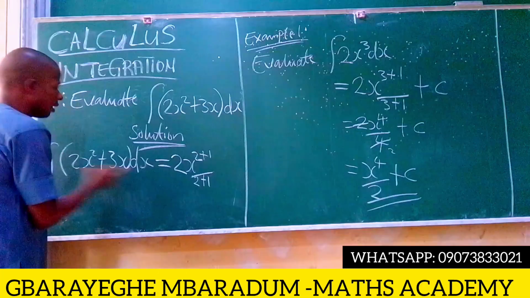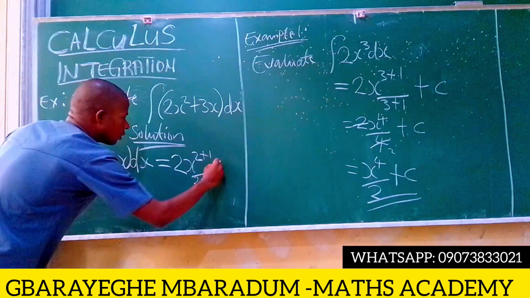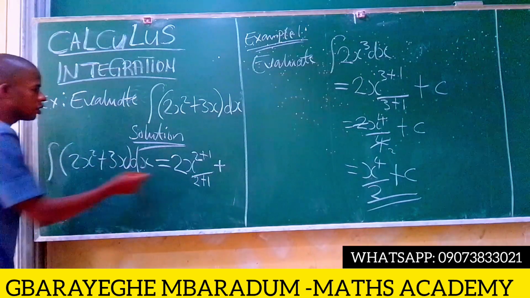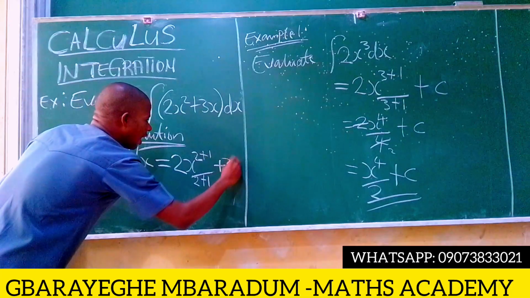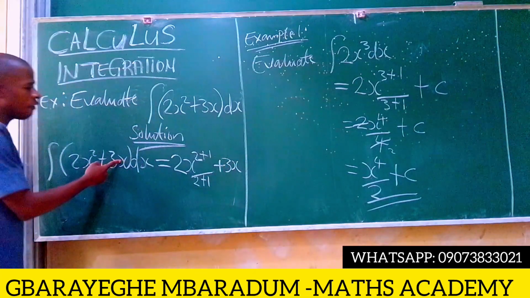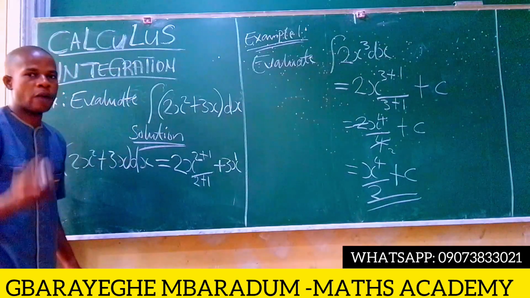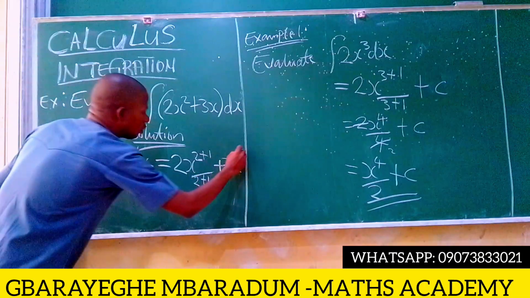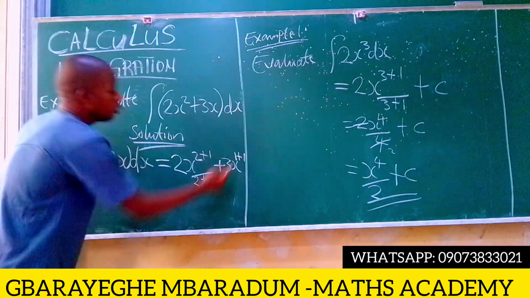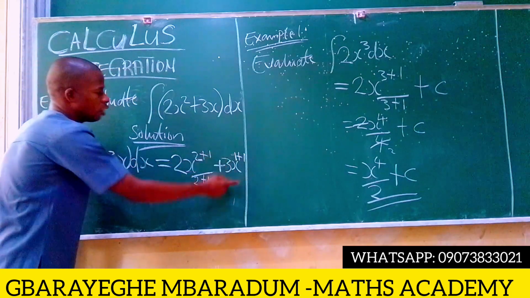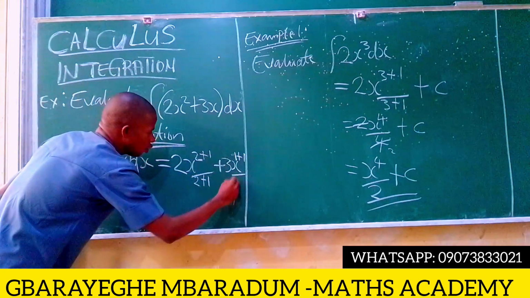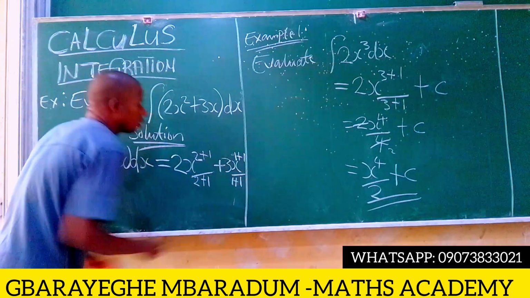Now we are done with this term. Plus the second one, we have 3x. This x has an invisible power of 1. Since in integration we are adding 1 to the power, we add plus 1. What we did on the upside, we also do on the downside, which is 1 plus 1.